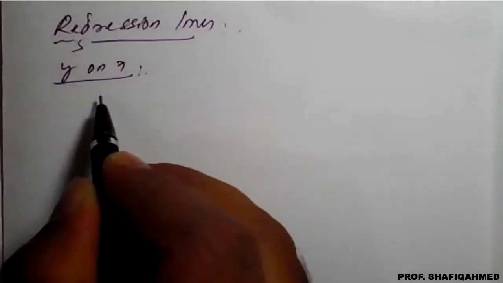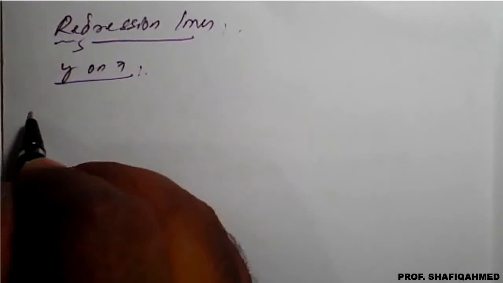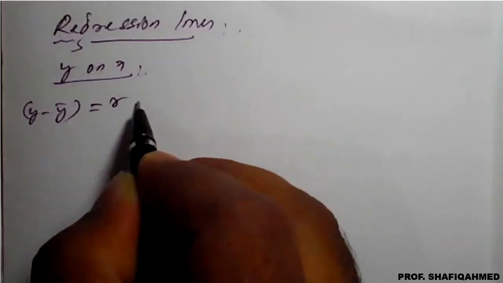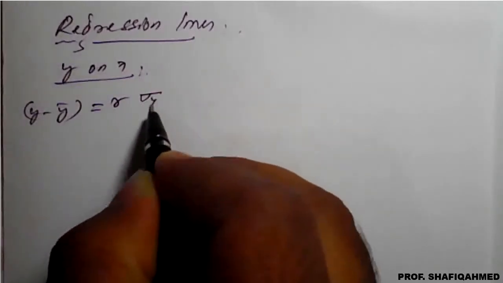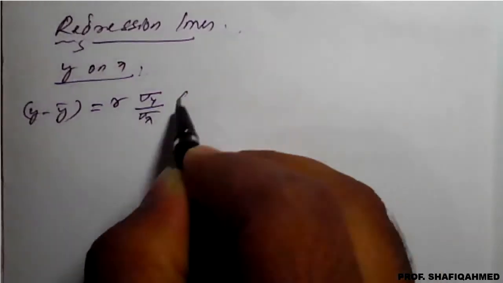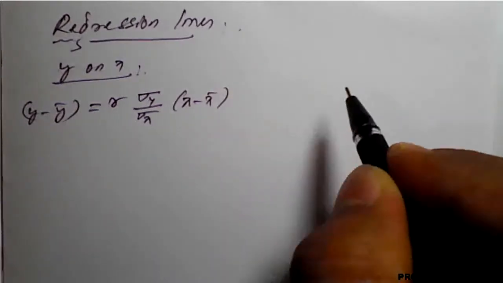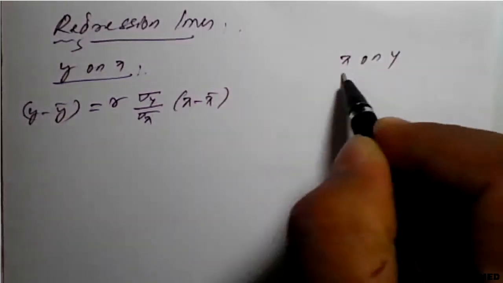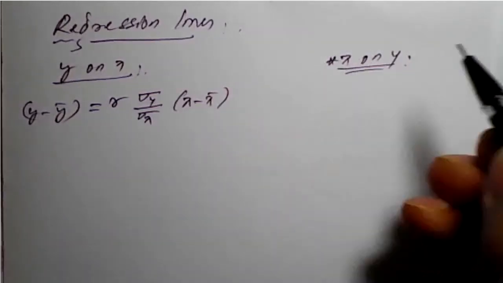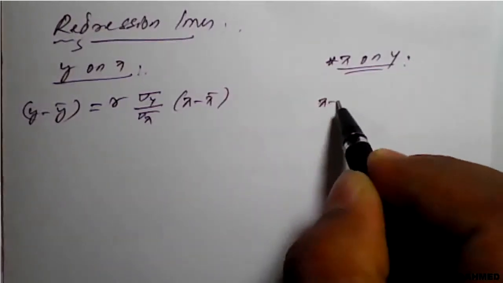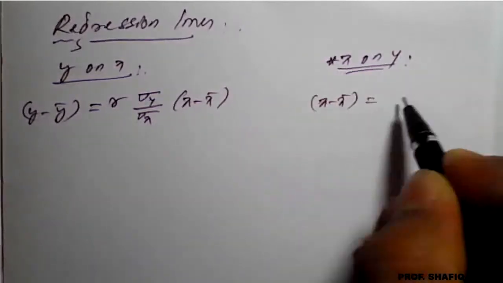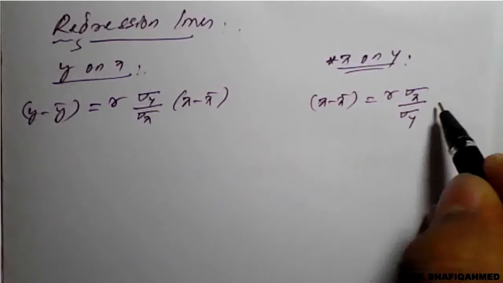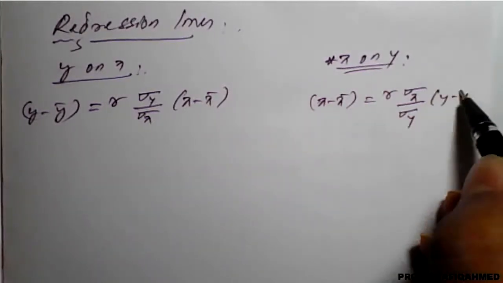Regression y on x, the formula we know is y minus y bar equal to r into standard deviation of y divided by standard deviation of x into x minus x bar, and also regression line x on y will be x minus x bar equal to r into standard deviation of x divided by standard deviation of y into y minus y bar.